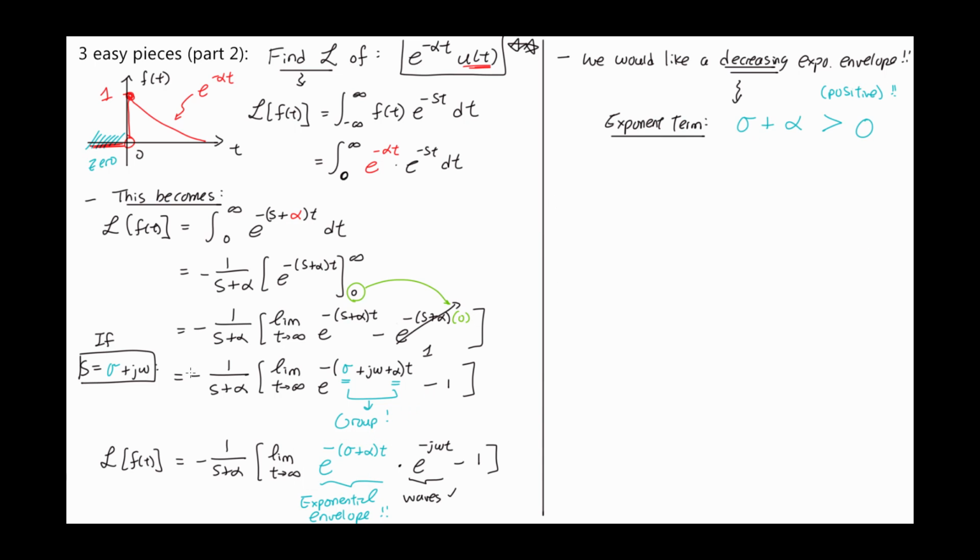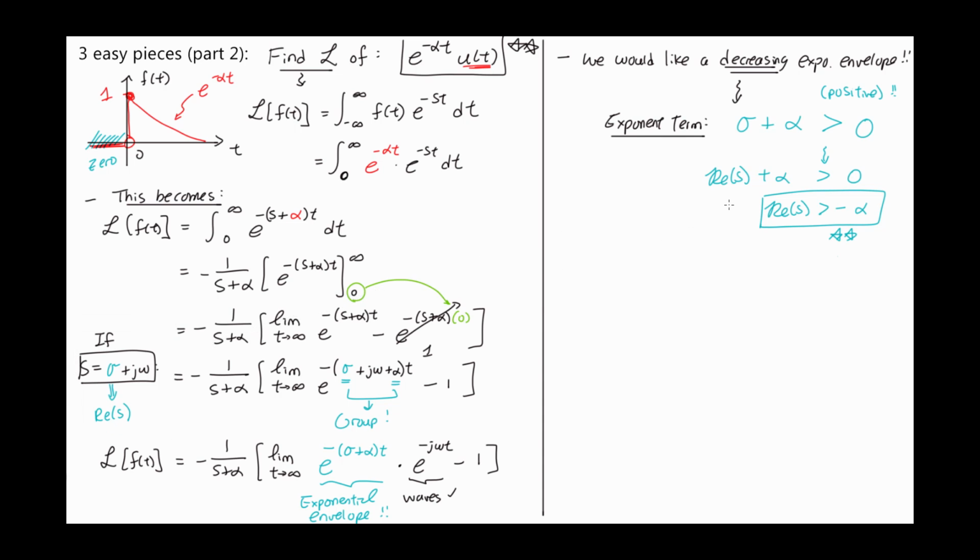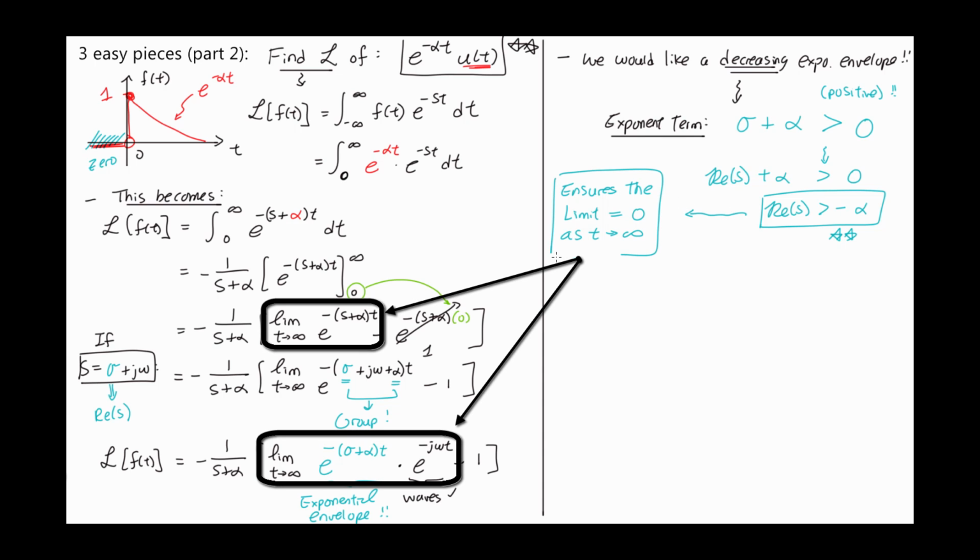Alright, so now we also know that since the real part of s is sigma, we can rewrite this expression as the real part of s plus alpha is greater than 0, which hence means the real part of s is greater than negative alpha. So this would be the region of convergence for the final answer. Again, that ensures our limit will go to 0, or be finite, as t approaches infinity.